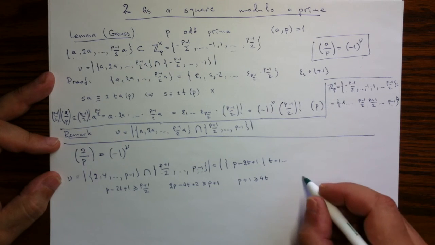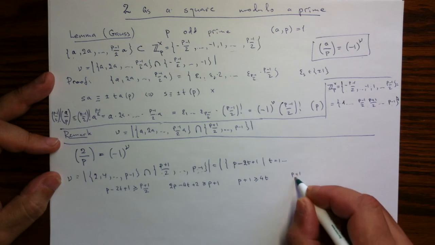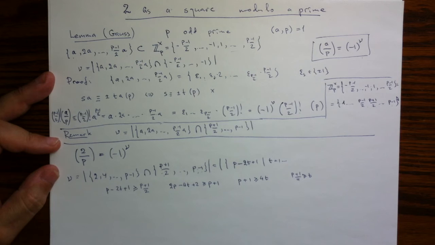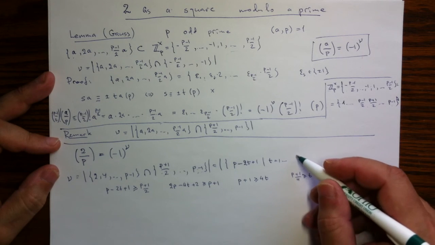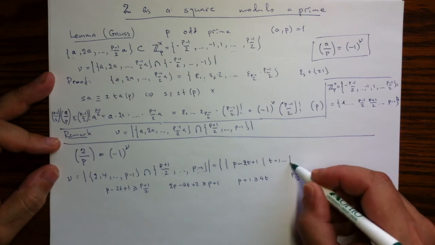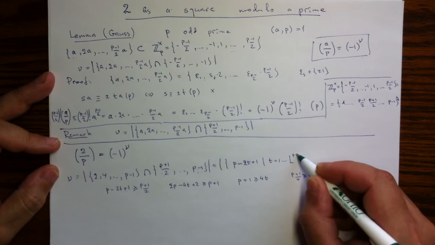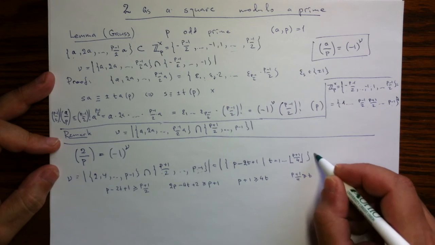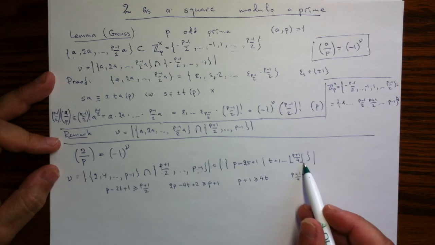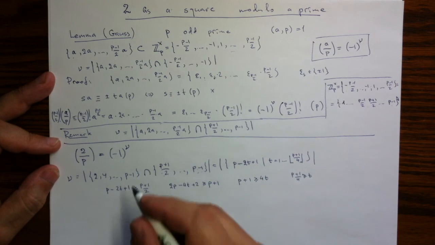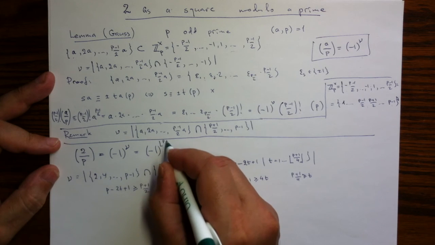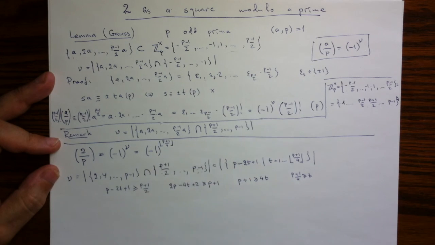And so finally we have the bound for t that p plus 1 over 4 bounds t from above. So t is a natural number. We have to stop just at the integer part of p plus 1 over 4. So that's the cardinality of the set. That is our nu. We have the answer. It is negative 1 to the integer part of p plus 1 over 4.